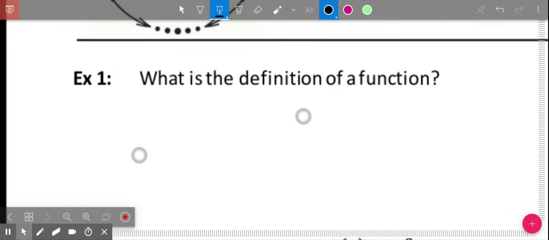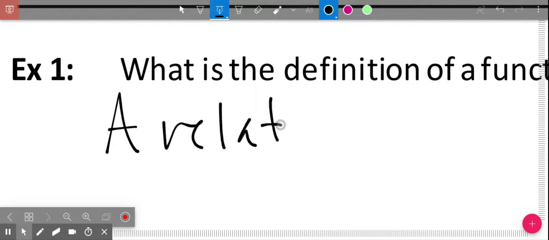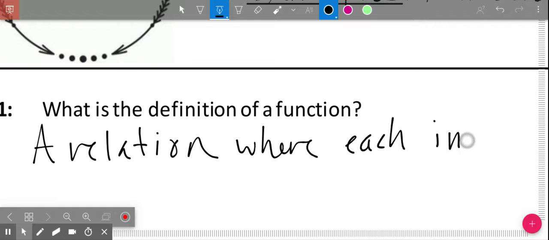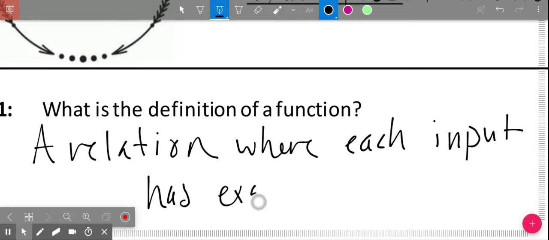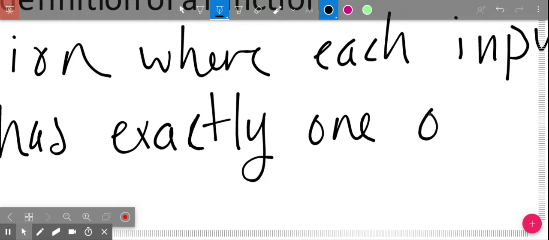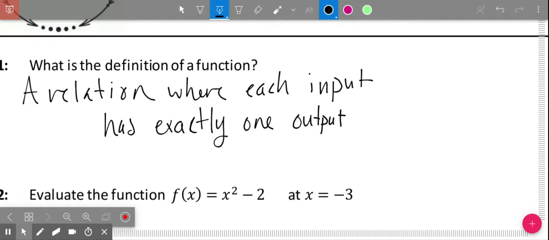Okay, so the definition of a function, in case we forgot, is a relation where each input has exactly one output. All right, so a relation where each input has exactly one output.